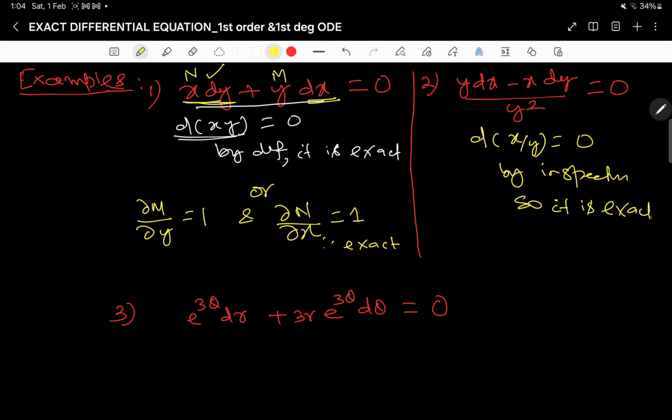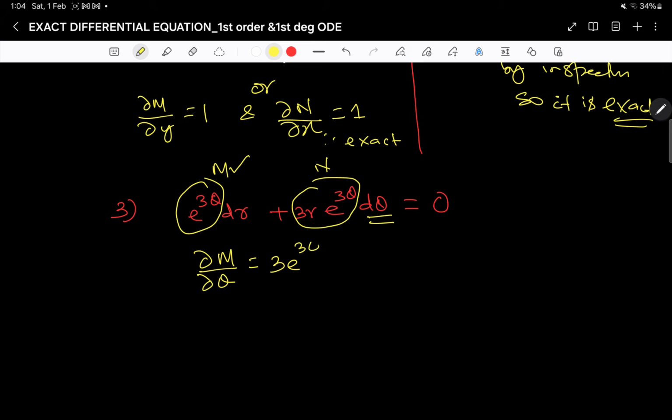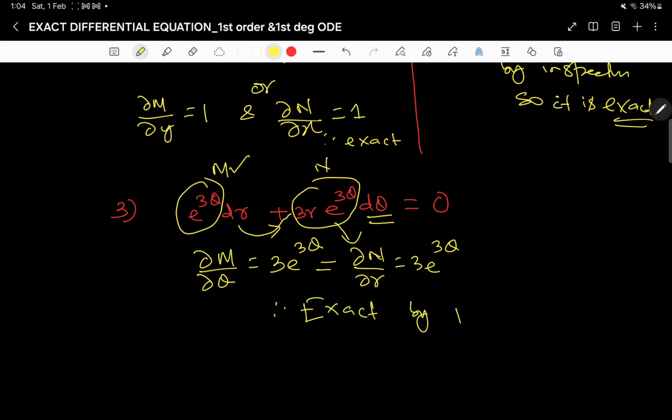Now coming to the next differential equation, if you say this is M and this is N, then del M by del theta is 3e^(3 theta), and del N by del r is also 3e^(3 theta). So you see this is equal to this, therefore exact by the condition.